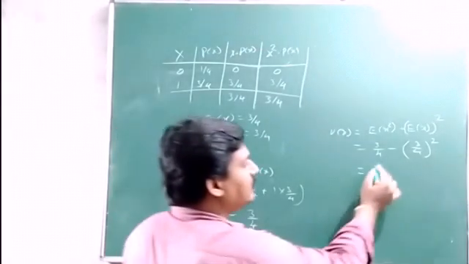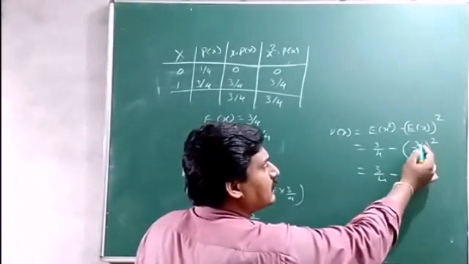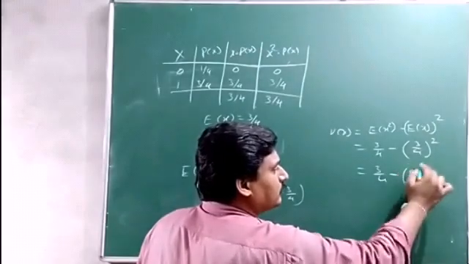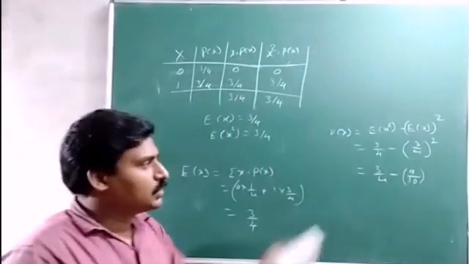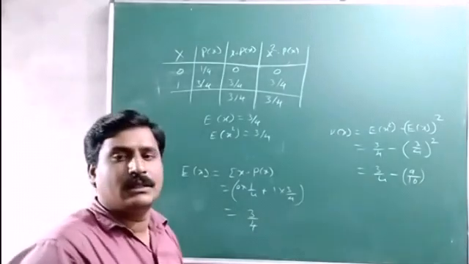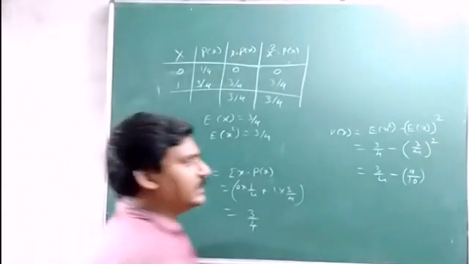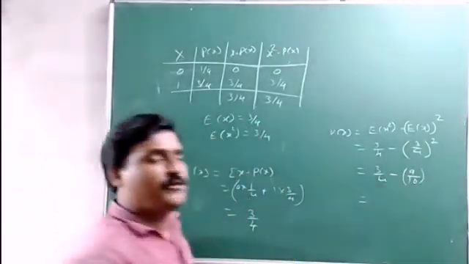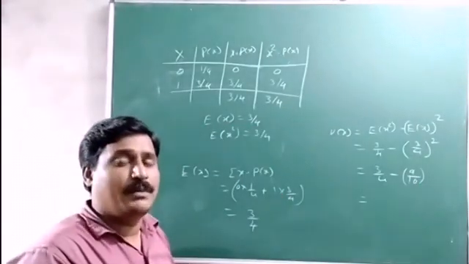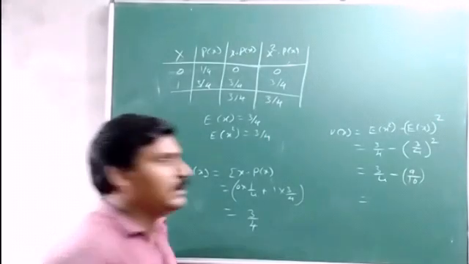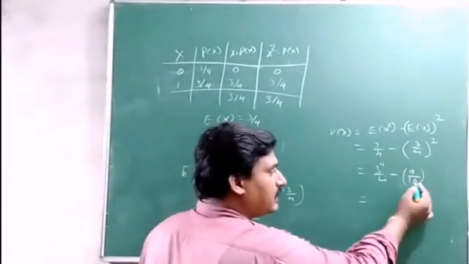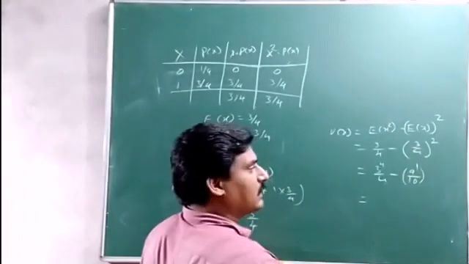So that is 3 by 4 minus 3 square is 9, 4 square is 16, so 3 by 4 minus 9 by 16. Here the denominators are 4 and 16, and both will come in the fourth table.